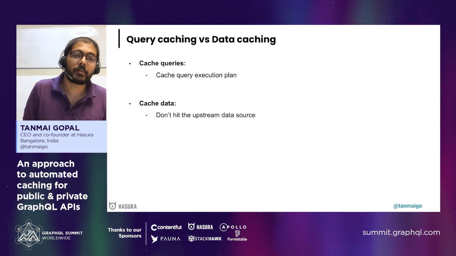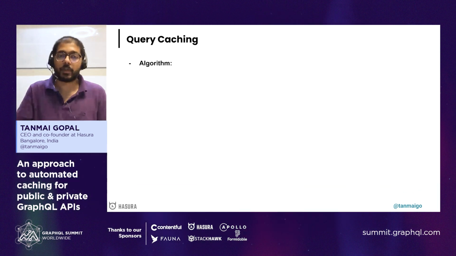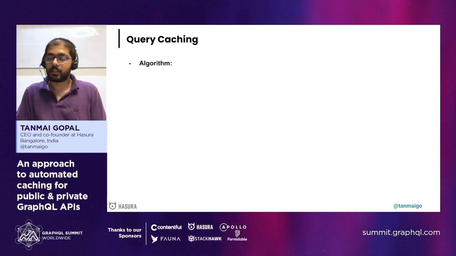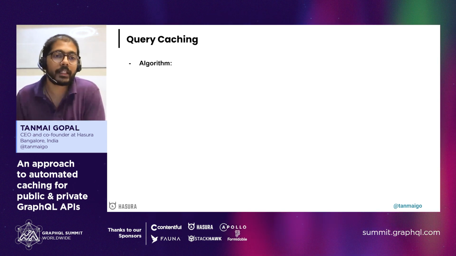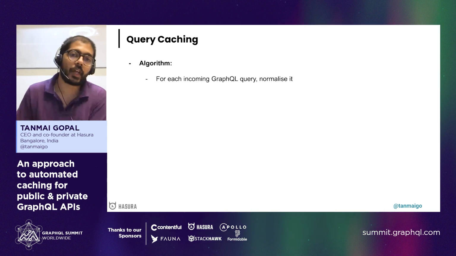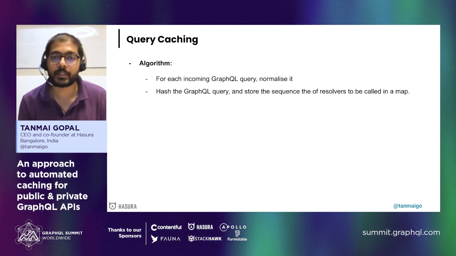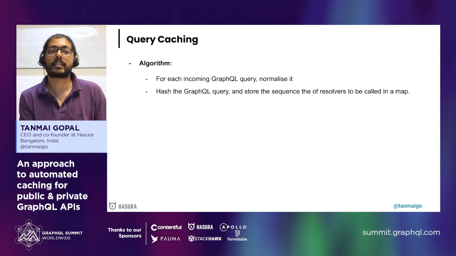So first, I'm going to talk a little bit about query caching. The way you would implement it is fairly straightforward. For every incoming GraphQL query, you would normalize it, validate it, strip out fragments, dedupe fields and stuff like that.